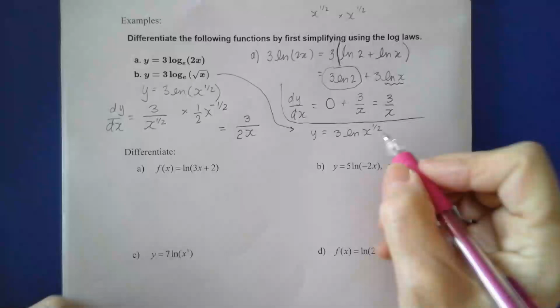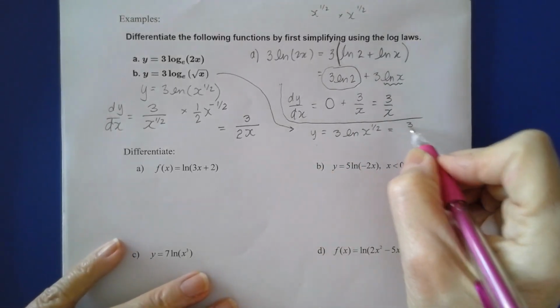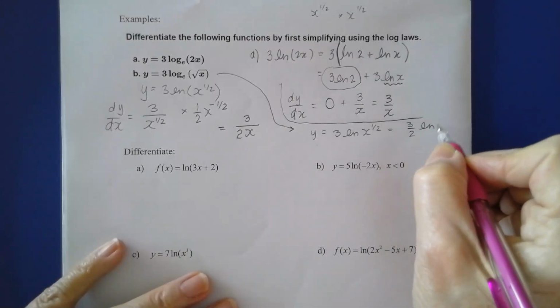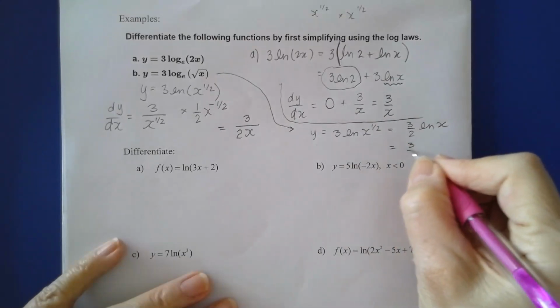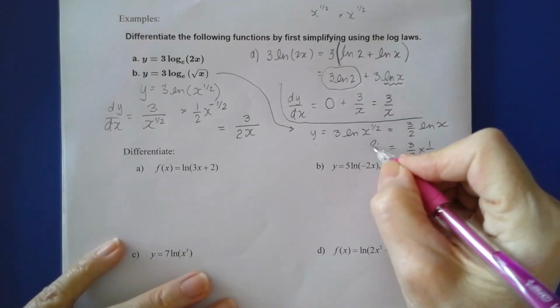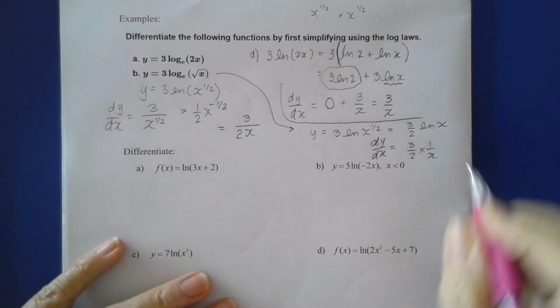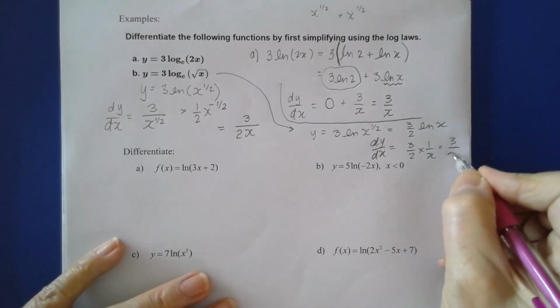I'm going to take the 1/2 down here. So now I have 3 over 2 ln x. Took the half, and I multiplied it by the 3. That is 3 on 2 times 1 on x. Oh, dy dx. I take the derivative, it's 3 on 2 times 1 on x, so it's 3 on 2x.